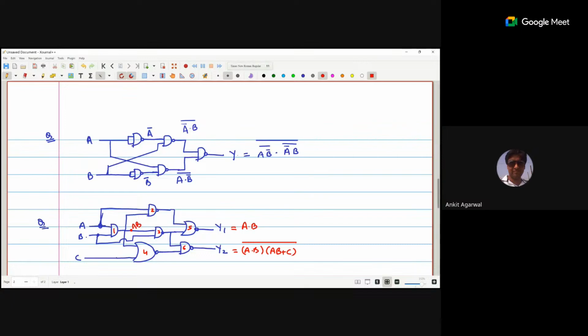At point 2, we are getting AB and A. So A dot AB bar.